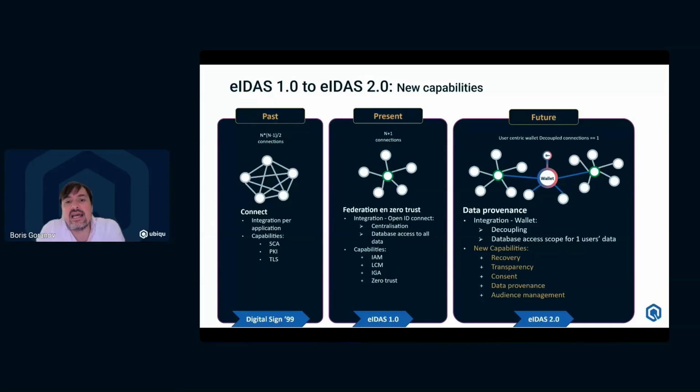And if I'm able to recover my wallet, I can recover the accounts I have on my wallet. I can keep track of which data I got from which organizations and with whom I shared the data. So I have my own personal transparency log. That's why it's also so important to have recovery, because I want to recover my own transparency log.